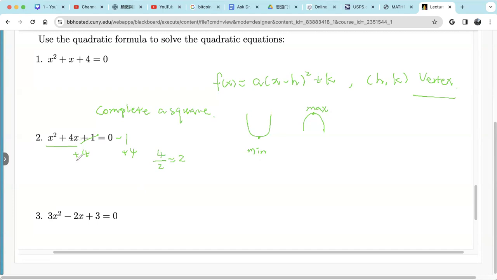Then x squared plus 4x plus 4, if you remember, that's x plus 2 squared. So by taking the number before x, dividing by 2, then adding its square, this number could be any number. You just add the square on both sides, then you make x plus or minus the number, squared. Then it equals 4 minus 1, which is 3.